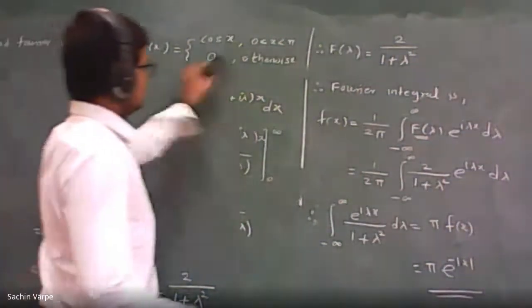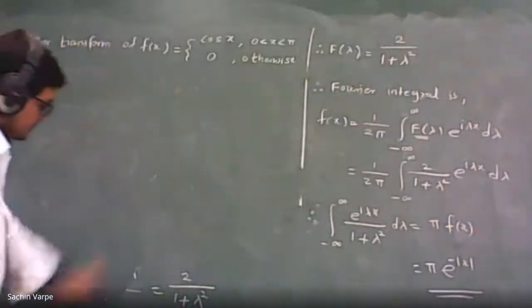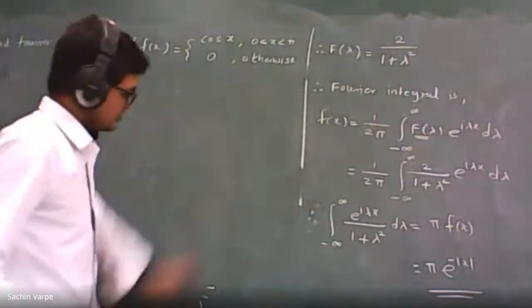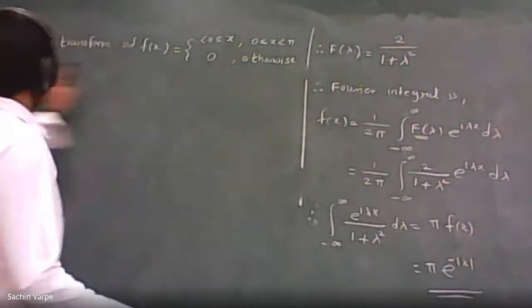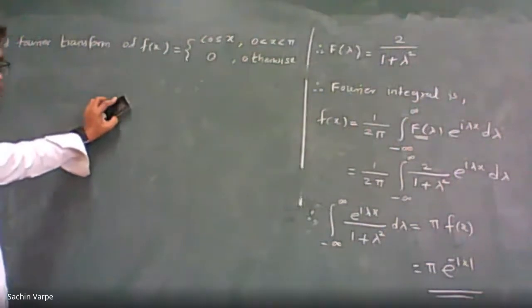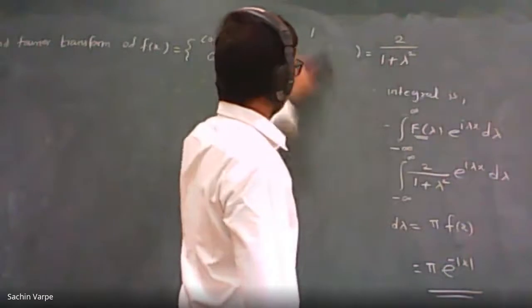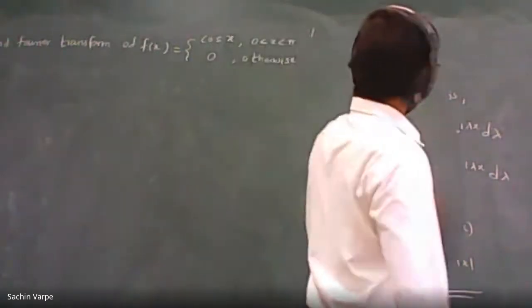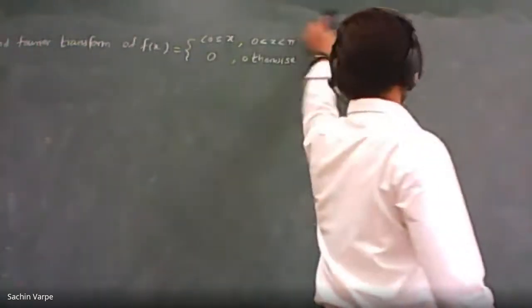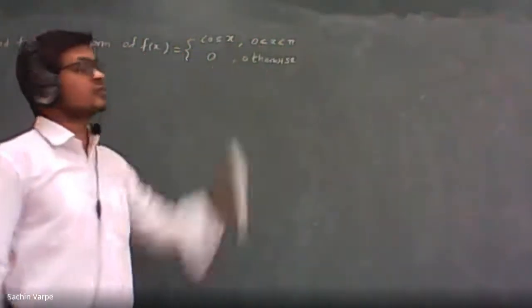I hope there is no doubt. If any doubt, please ask in the last example or in the formulas also. If no doubt, then start to find the Fourier transform of the next function given. See on the board. Find the Fourier transform of this function. F of x is given to be cos x in the interval 0 to pi and it is 0 otherwise.